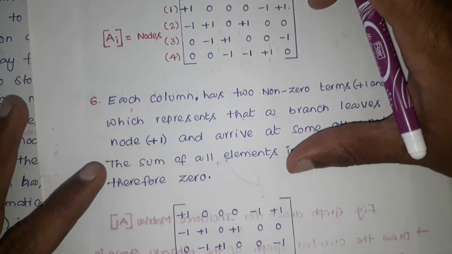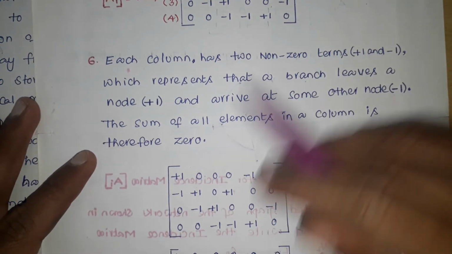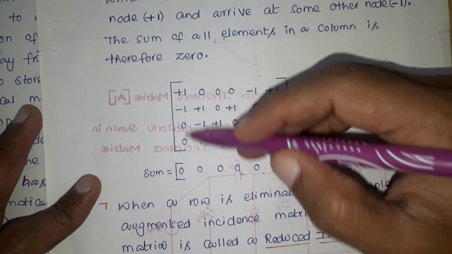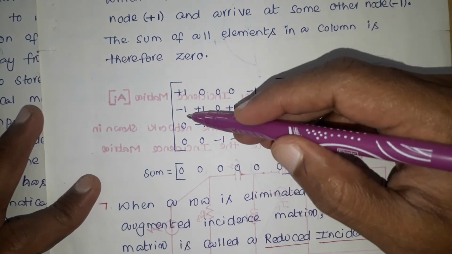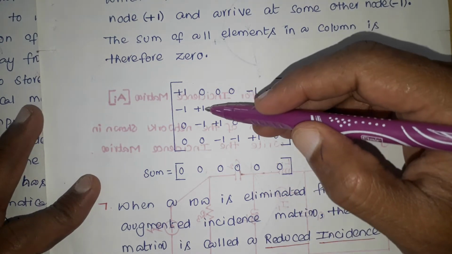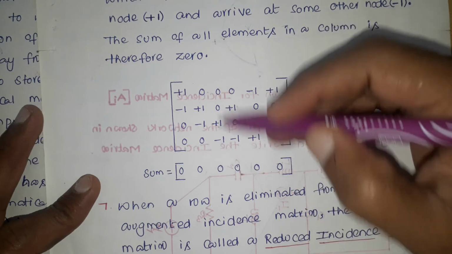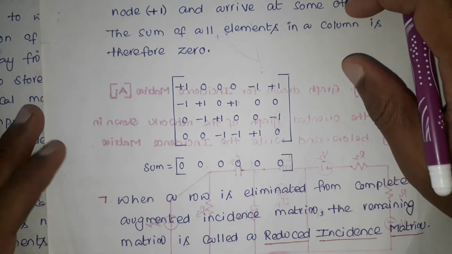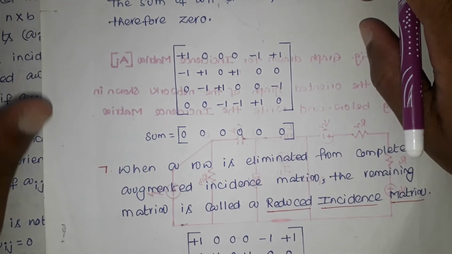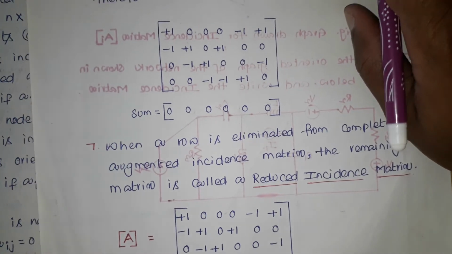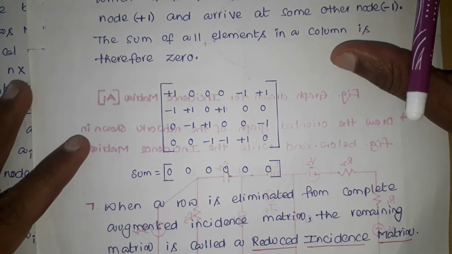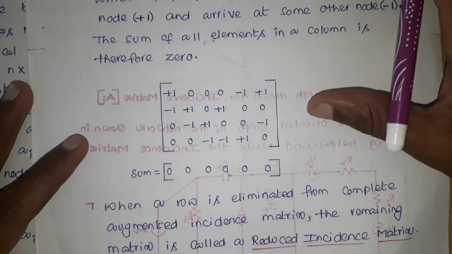Here, if you add the elements of each column, it becomes 0: 0, +1, -1, 0 gives 0. So if you add all the elements of a column, we get 0. If you remove any one row of this incidence matrix, it becomes a reduced incidence matrix.